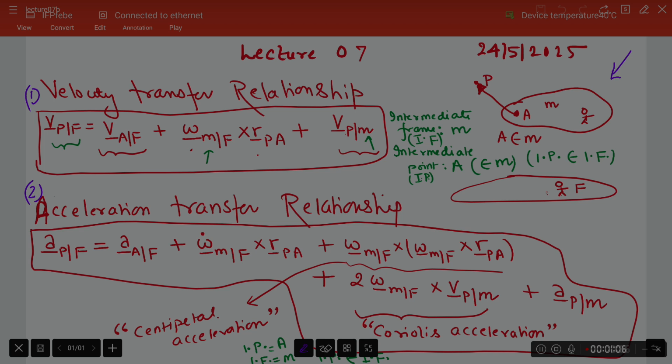The first reference frame is F and the second reference frame is M. There is a particle P which is freely moving in space. Our primary objective here is to find the velocity of this freely moving particle P with respect to the frame F.